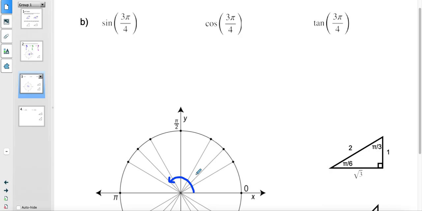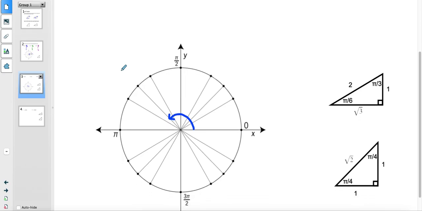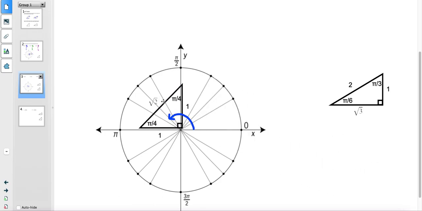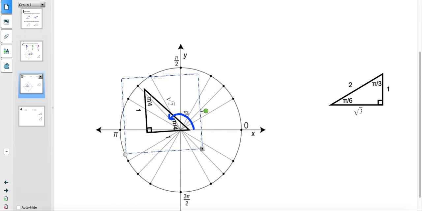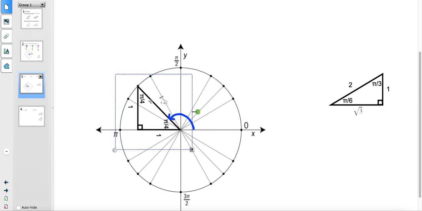Now, just like before, I'm going to use one of my special triangles to help me find these trig ratios. I'm going to try using this special triangle. If I rotate my special triangle here, and place it on the circle like this, now you'll notice my special triangle is along this angle.